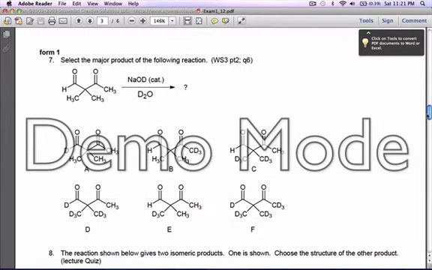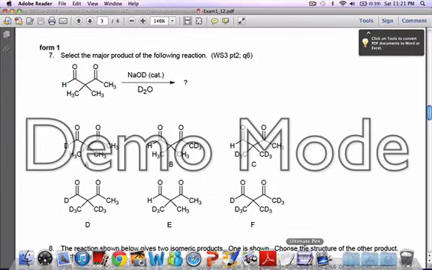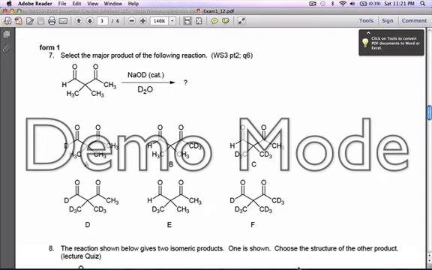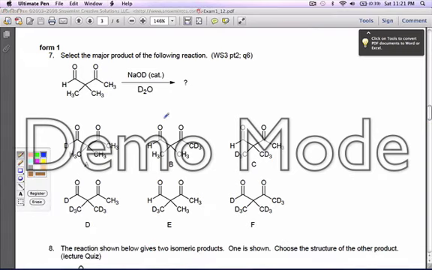This, I do not think you would be tested on it, but let's go over it anyways, just in case. Now, this is called a deuterium exchange. Whenever you see these reactants, you are going to be exchanging acidic hydrogens with Ds. Now, what do we know about acidic hydrogens?